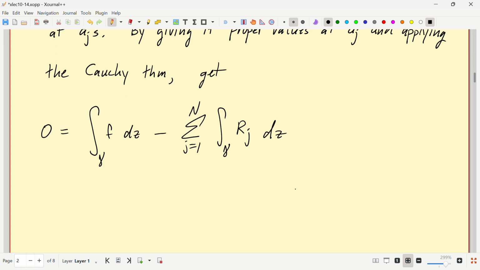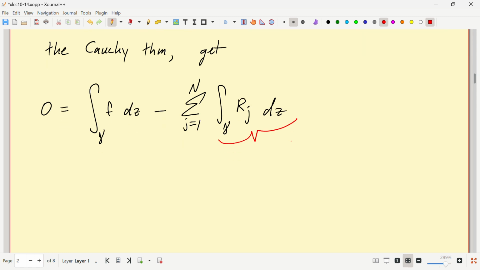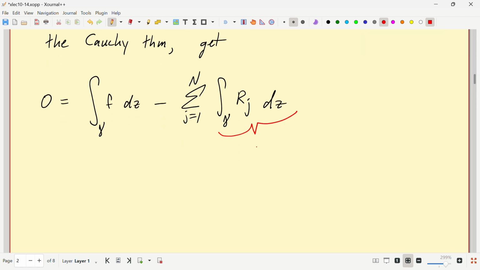And this thing is interesting to think about. When you look at rj, this is going to be 2 pi i times a1, the residue, and that's going to be very easy to calculate.